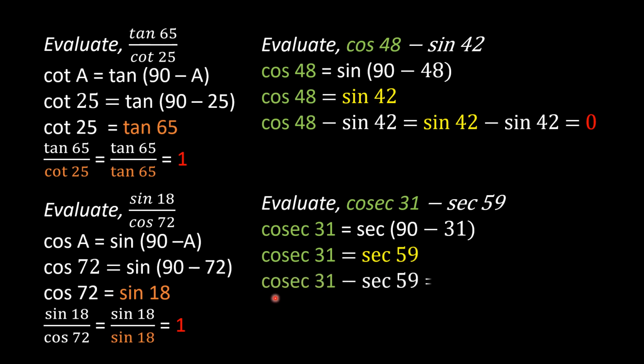Now in our expression, we will replace cosec 31 by sec 59 and write sec 59 minus sec 59, which will be 0. So the value of this expression will be 0.